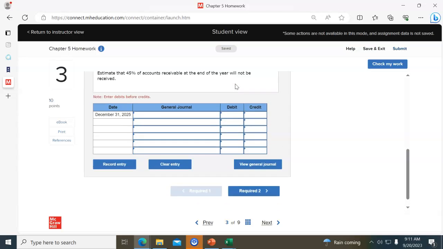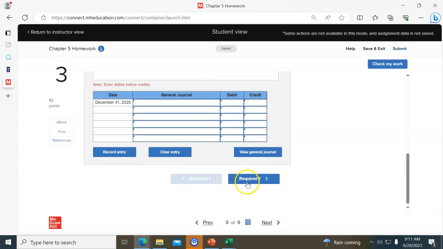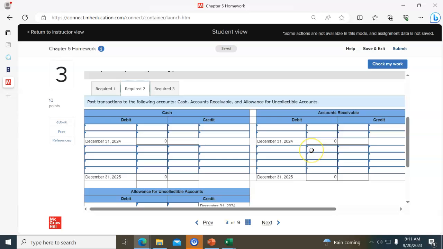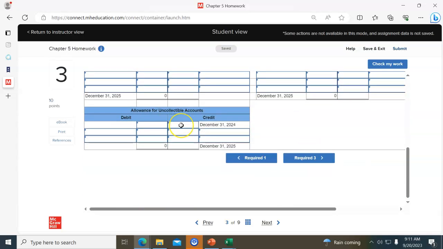But guys, we already have a balance sitting in there. That's our challenge. So for example, we started our allowance for uncollectible with 7,200. Remember that? Do you remember we wrote off 6,000? Do you see we have 1,200 sitting here?